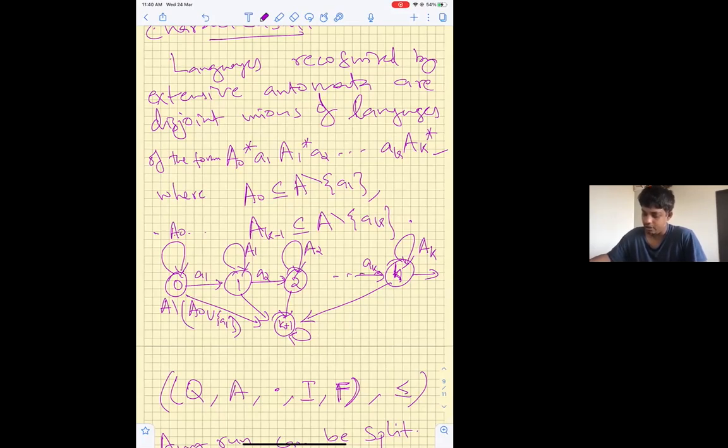For the product automaton, you take the partial order which is the intersection of these two orders. That means the tuple xy is smaller than or equal to x prime y prime if x is smaller than or equal to x prime and y is smaller than or equal to y prime.